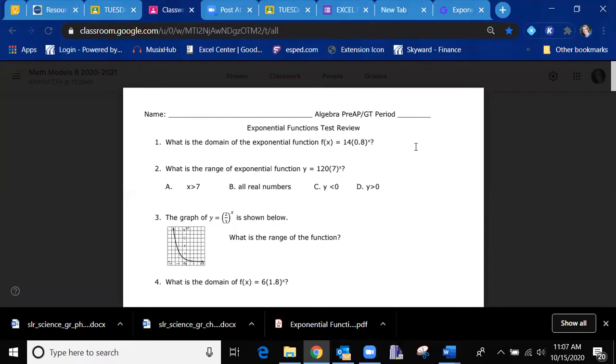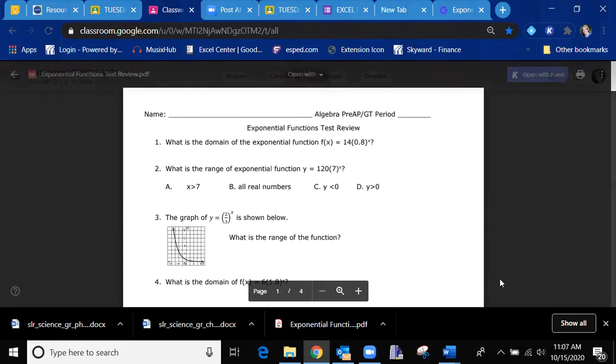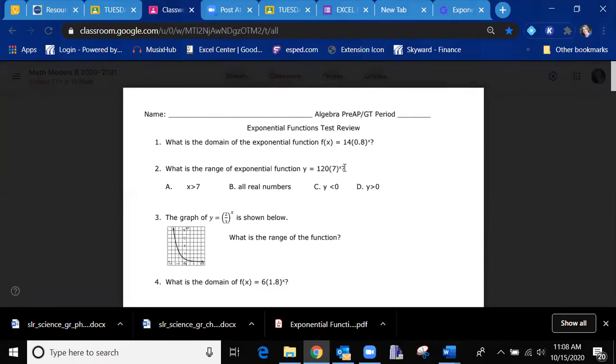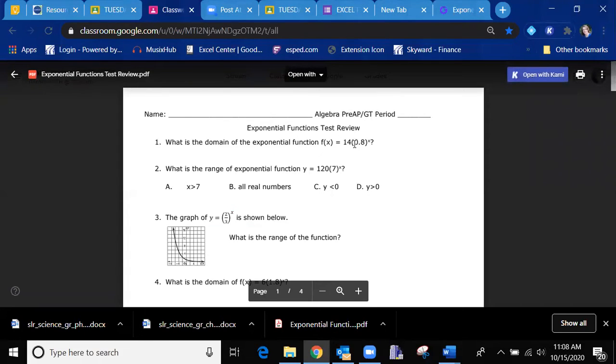Can you tell me the starting amount? For number 1, what is the starting amount? 14. Yeah, it starts at 14.